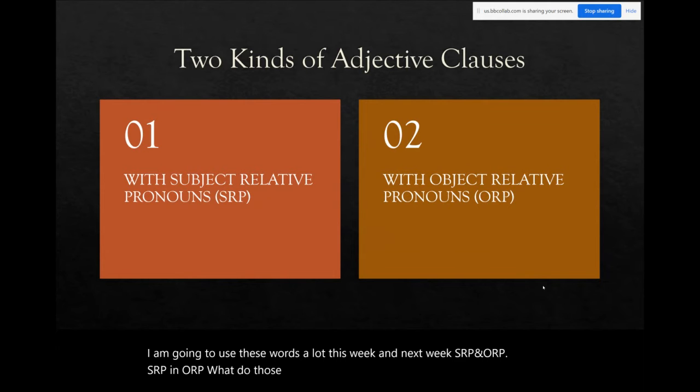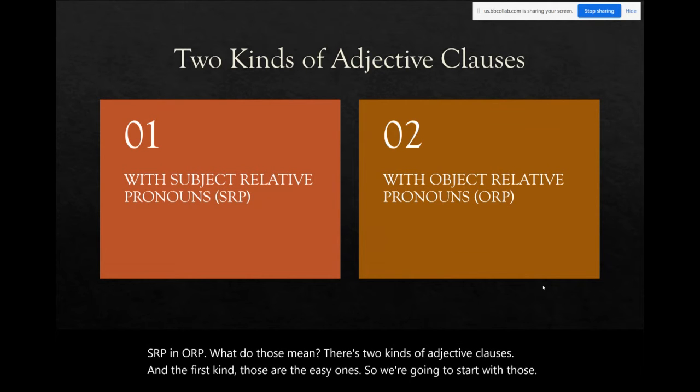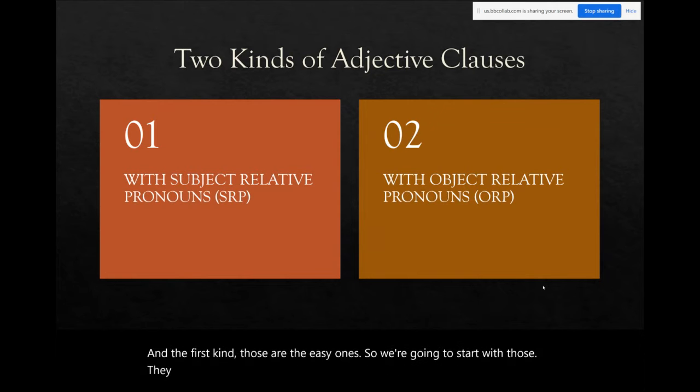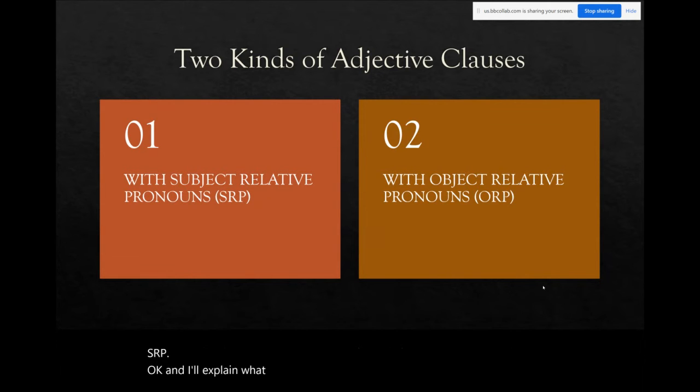Well, there's two kinds of adjective clauses. And the first kind, those are the easy ones. So we're going to start with those. They are adjective clauses that have a subject relative pronoun. That's called an SRP. Okay, and I'll explain what that means in a moment. So that's one type of clause. It begins with an SRP.